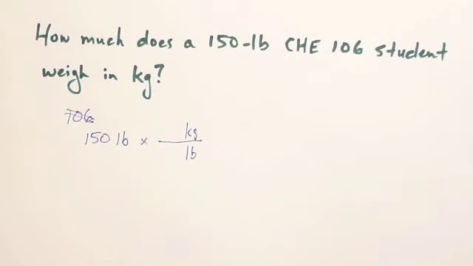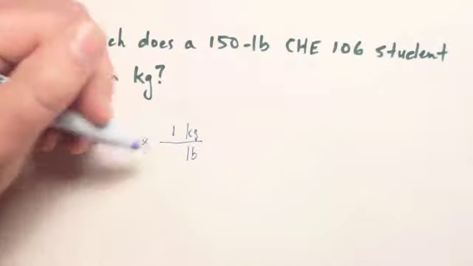So we need to know how many kilograms in a pound. You might not know that. So look it up in the back of your textbook, and you'll find out that the textbook does not tell you how many kilograms in a pound, but it does tell you how many pounds in a kilogram, and that's just as good.